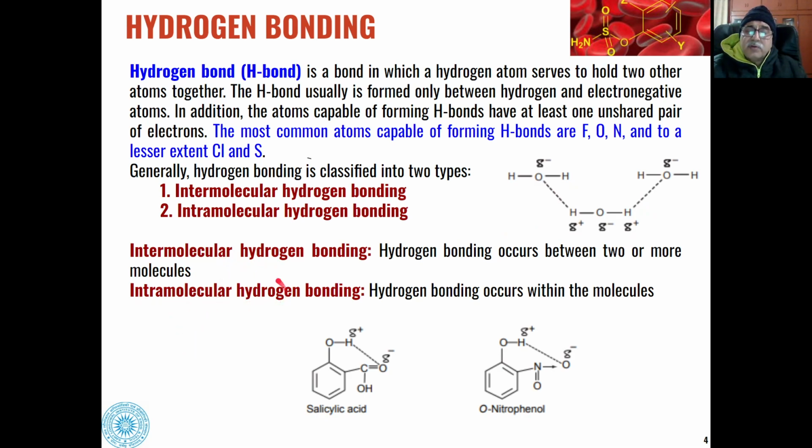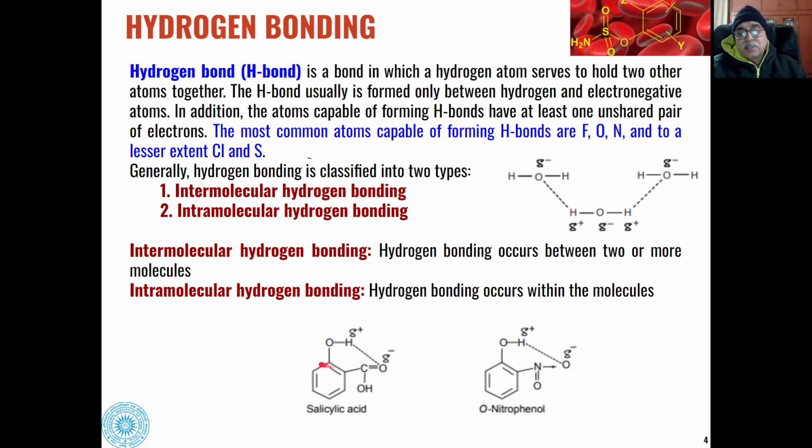Whereas intramolecular hydrogen bonding is where the hydrogen and the electronegative atom involved in hydrogen bonding are present within the same molecule. For example, in salicylic acid, the hydrogen of the OH group and the oxygen of the carboxylic group are involved in hydrogen bonding, and both atoms are present in the same molecule.